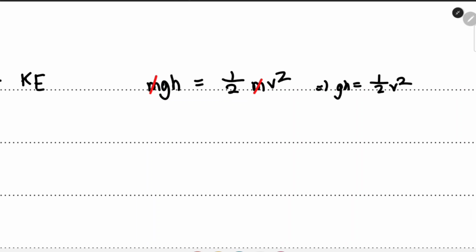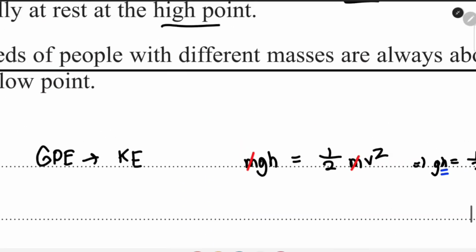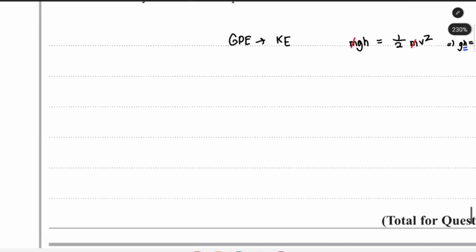So gh is equal to half v squared. So the final velocity depends on the height, not the mass of the person. It would have mattered if resistive forces were not negligible, but we'll assume the friction between the wheel and the rope to be negligible. So we'll have to talk about our assumption over here.